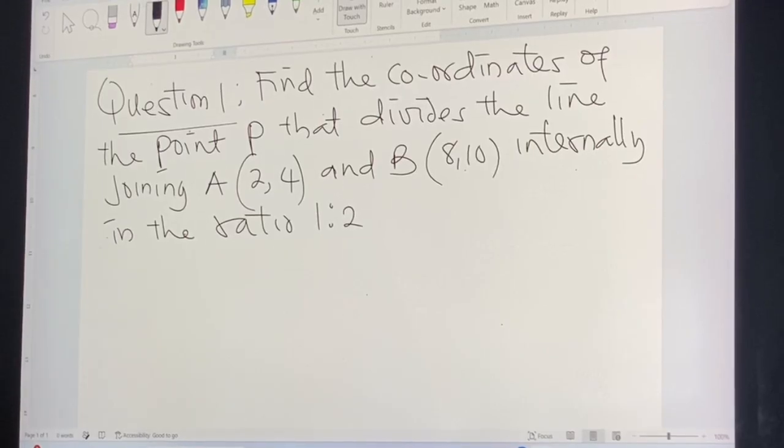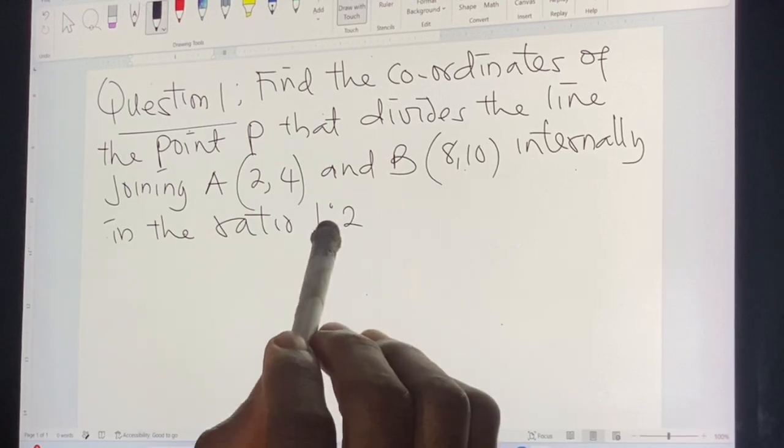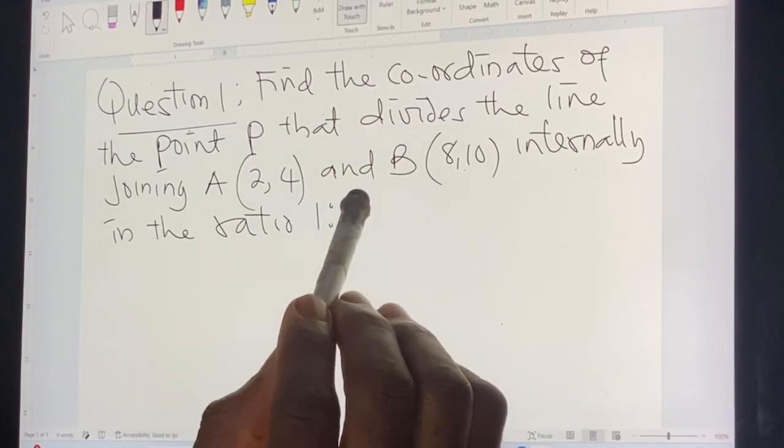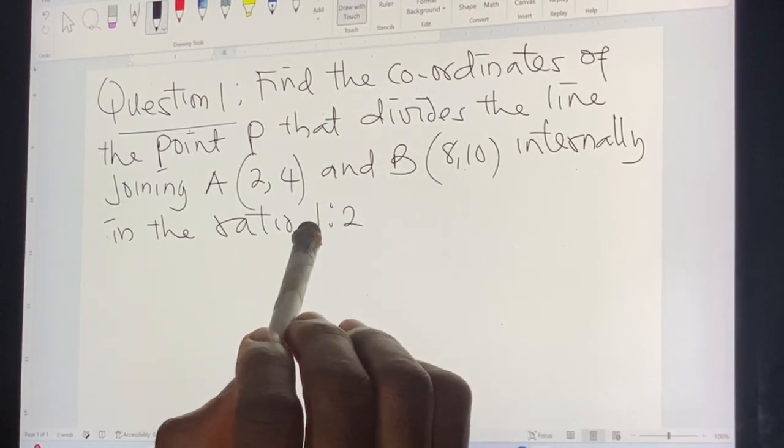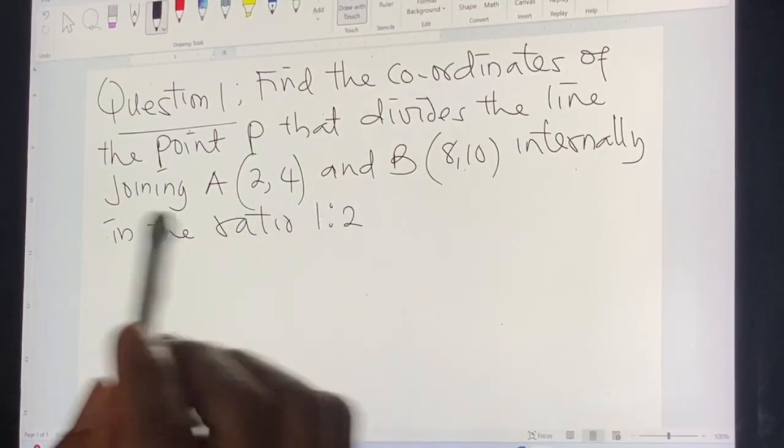Whenever the number of the first ratio is less than the number of the second ratio, we call that internal division. Otherwise, we call it external division. Rather, this is not a permanent decision. It's just like most times, it occurs most times, okay? So whenever the first number in the ratio is less than the second number, we call that internal division.